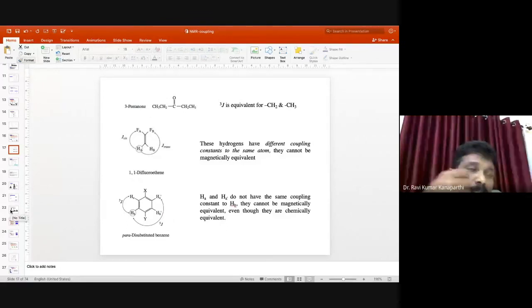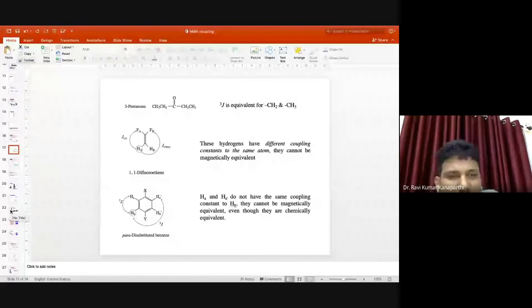But typically, the coupling constant can go from a few tens of hertz to negative values also. It can go to some 20, 25 hertz to -4, -5 hertz, something like that. So that is the typical range of coupling constants.